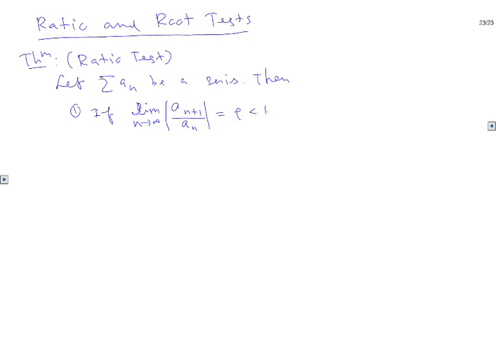If this rho is less than 1, that means the second term is smaller than the first one, so it's going to grow slowly. In this case, the series an converges absolutely. This implies that the series converges.